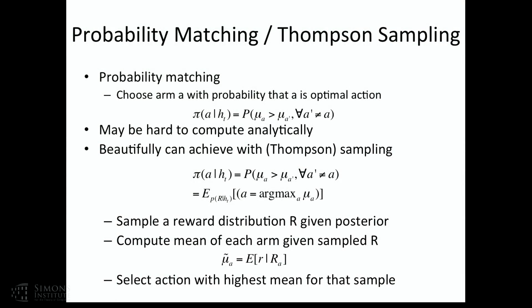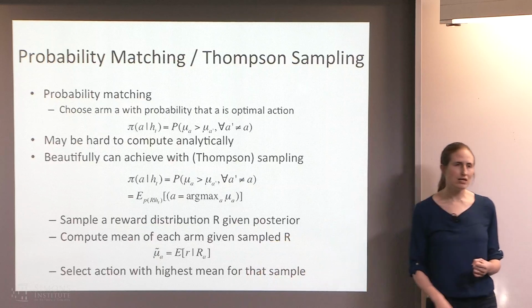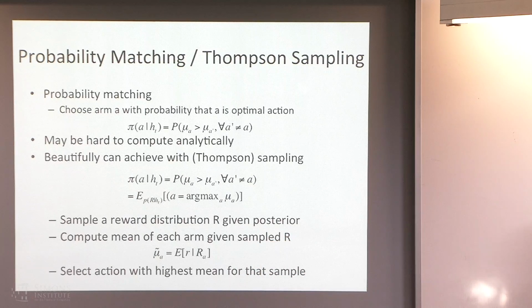So we can sample a particular instantiation of a reward for each of the different arms, and then we just pick whichever arm has the highest reward in our sample. So we don't have to directly compute this. We just have to always be able to update our posterior. And so then we can just compute the mean given the reward distribution we've sampled and act accordingly. So as long as it's pretty cheap to represent your posterior, this is a really nice computationally efficient approach.